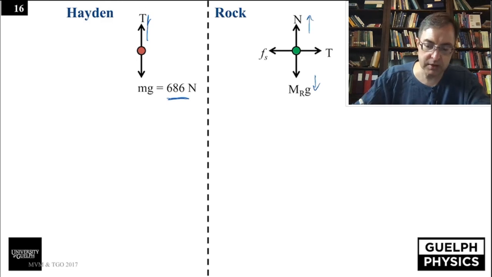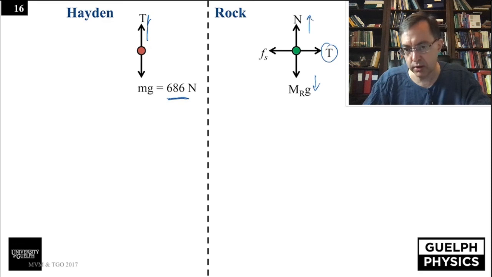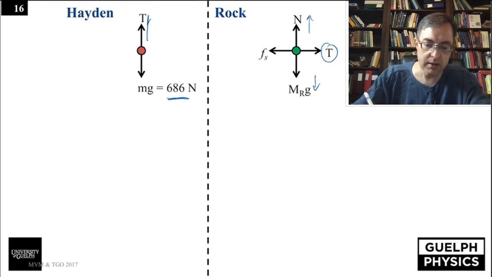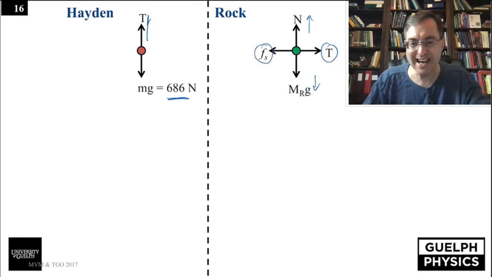The rope, which is attached to the rock, exerts a tension on the rock to the right. And because the whole thing is static, there is a static friction which will exactly compensate this tension so that there's no acceleration and no motion in this problem.